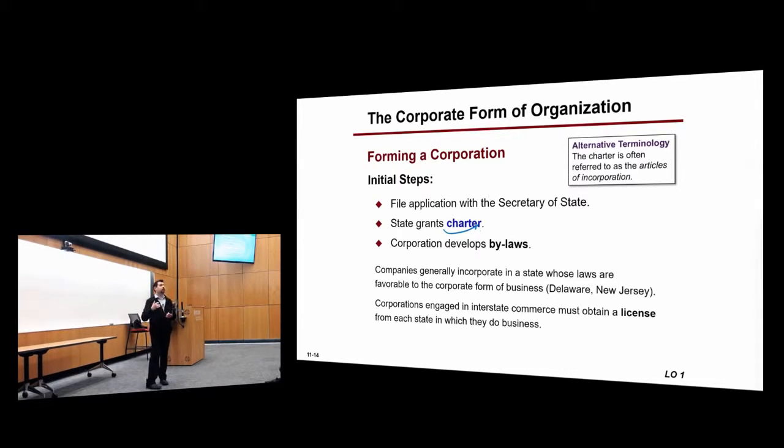Even if they do business in California, for example, but New Jersey's laws are more favorable to them, they will incorporate in New Jersey. They will have to acquire a license for every state where they operate. However, they are only incorporated in one state.